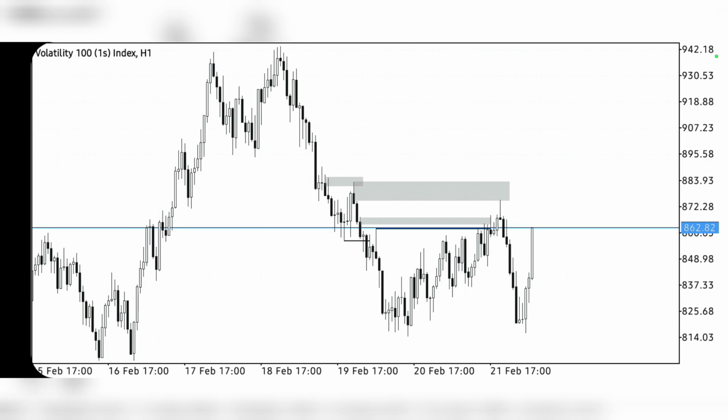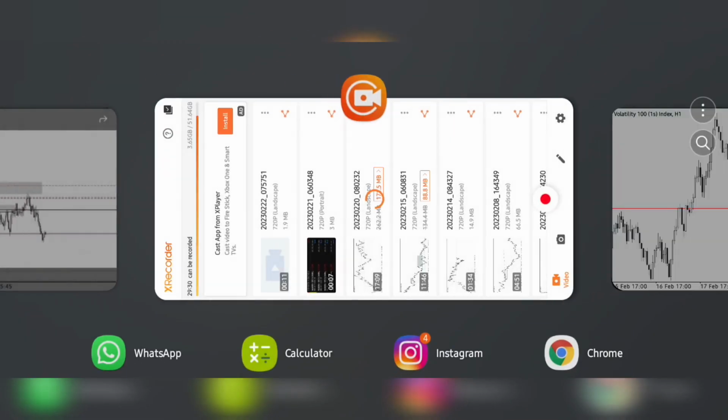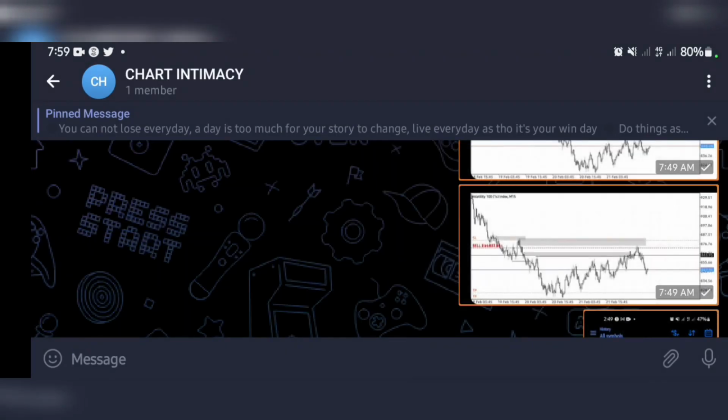The market is moving back impulsively, so I'm going to be showing you how I took out the trade and why I actually took out the trade at that point. I'm going to be showing you the before and after of the trade.